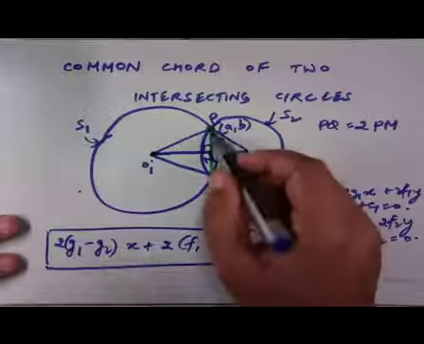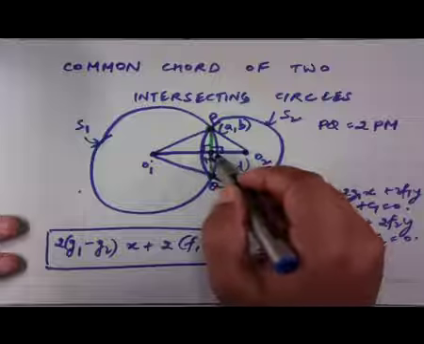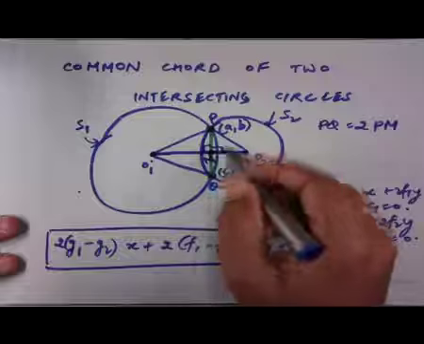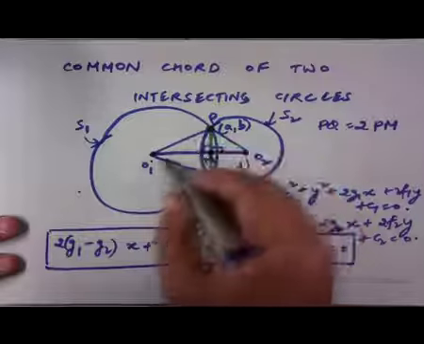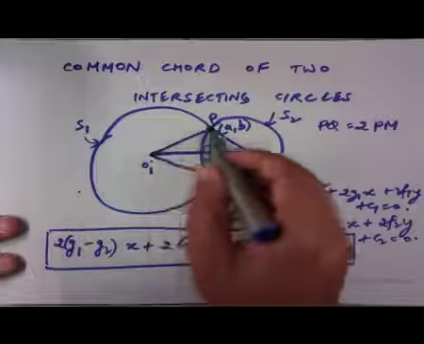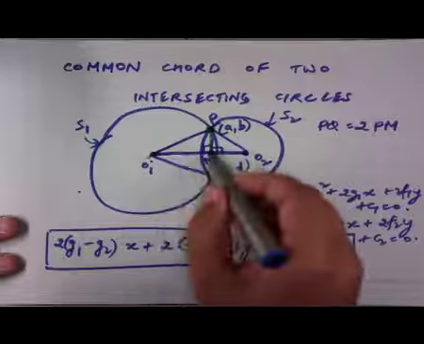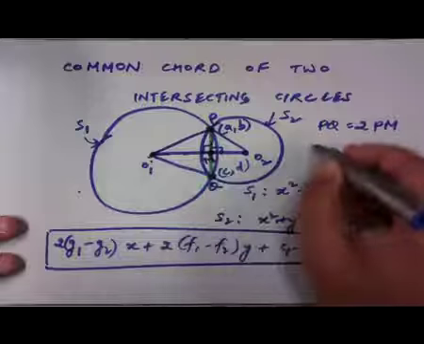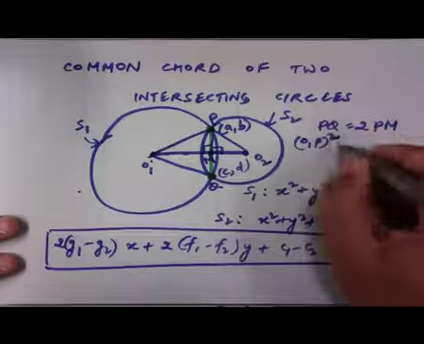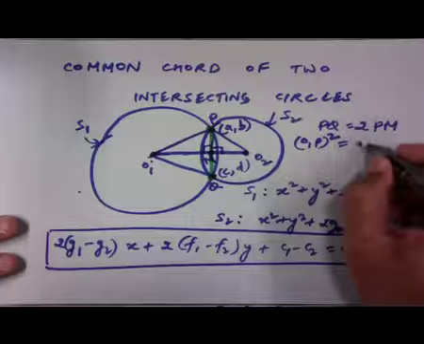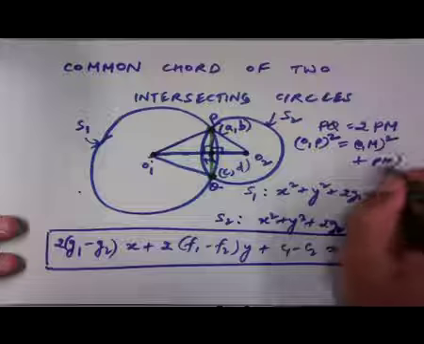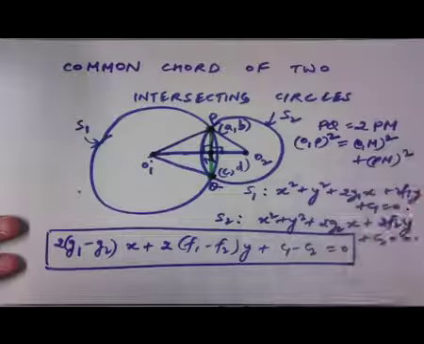Now, finding PM will not be very difficult, because if we see this triangle O1PM, it is a right angle triangle where O1P whole square is O1M whole square plus PM whole square.